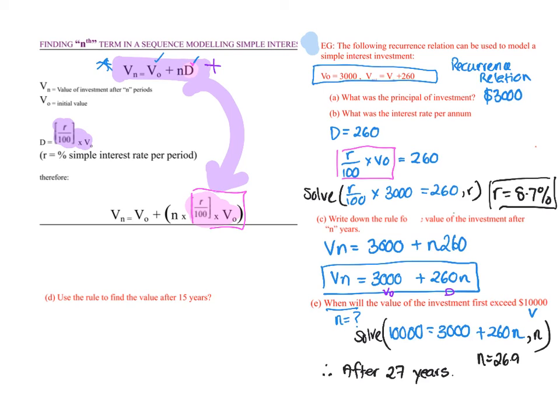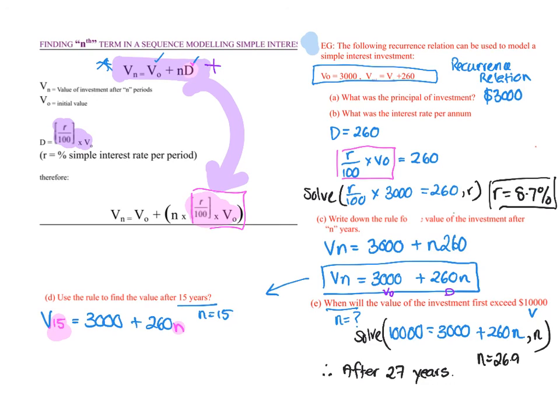So over here, sorry, we didn't do this one. It says, use the rule to find the value after 15 years. So that means n equals 15. So what you want is V15. And you just told me a rule on how to find an nth term. See how I have now written where n is 15?